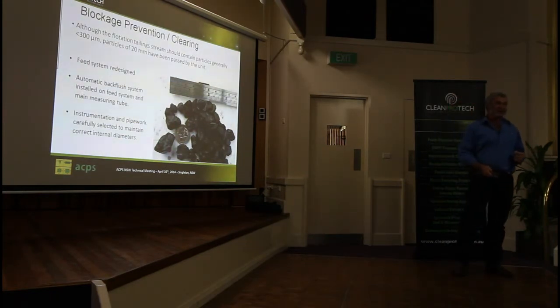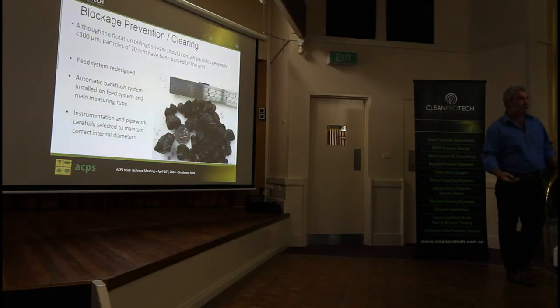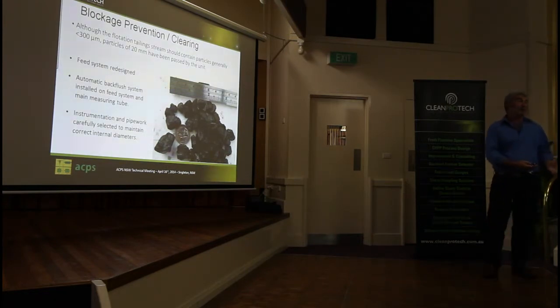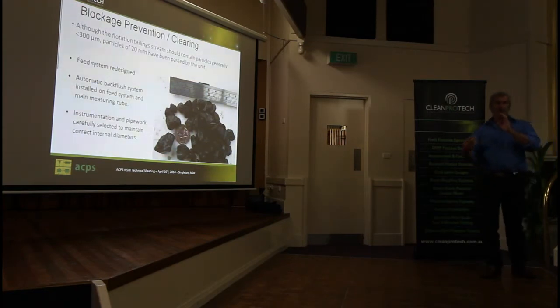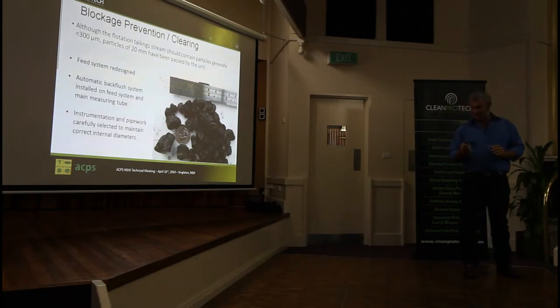That's what you get in most plants, and you've really got to make the gear so that it will handle that. Otherwise it's blocking all the time, and the operators will just get fed up with the whole system, and they won't use it. So we've now made it that we can pass those 20mm particles through the system, and we've also put a second system in where we restrict anything over 10mm even getting there in the first place. So once it can get through, it's definitely going to pass.